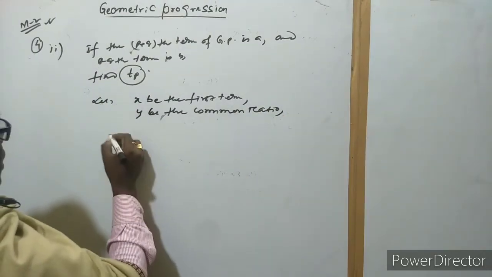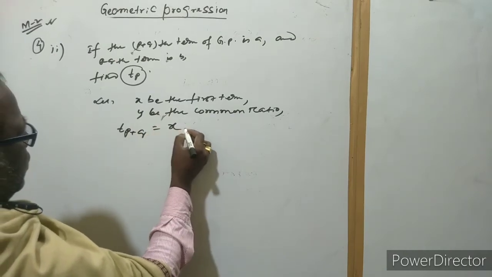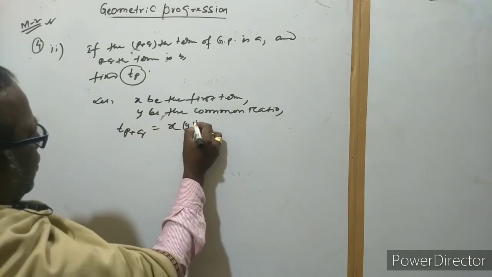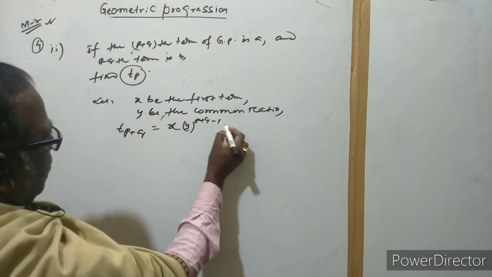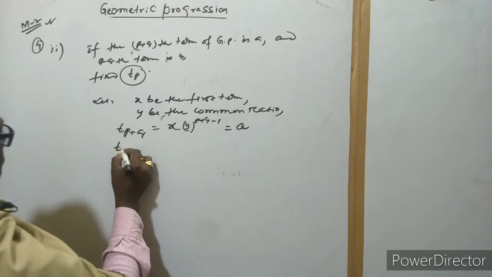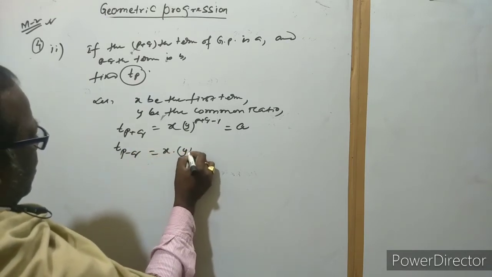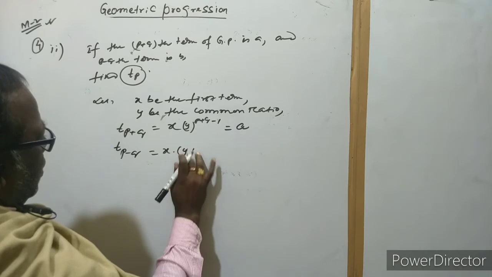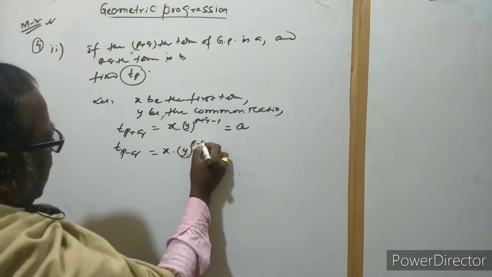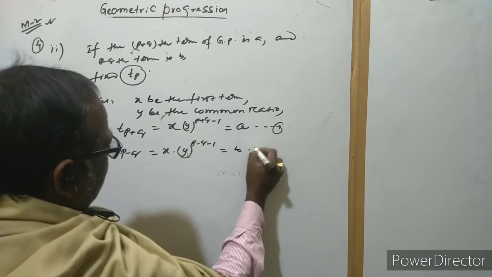Now T suffix P plus Q is equal to X into Y to the power P plus Q minus 1, and that is given as A, and T suffix P minus Q is X into Y to the power P minus Q minus 1, that is B, and this is number 1 and this is number 2.